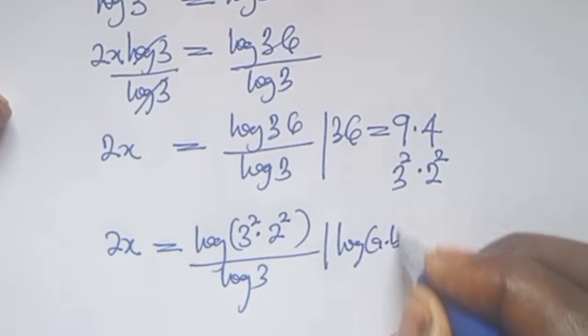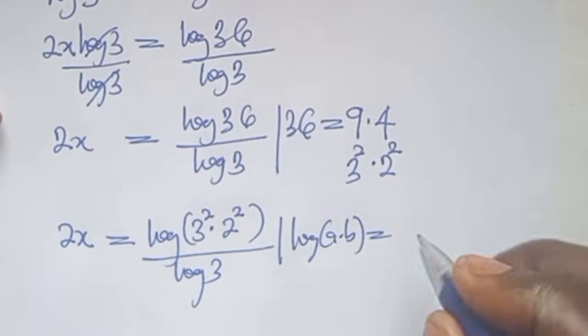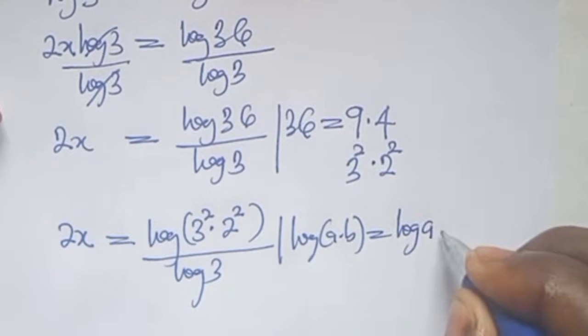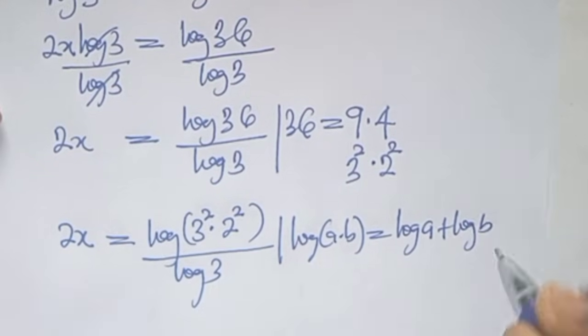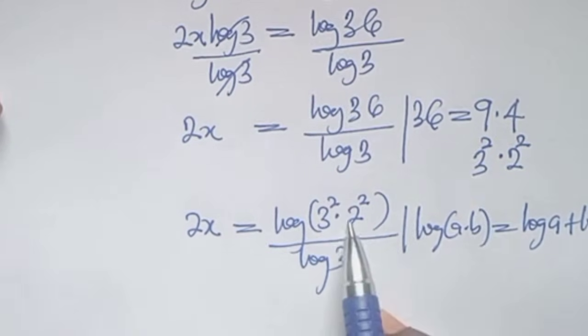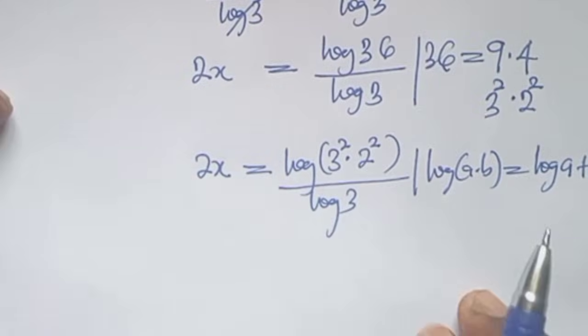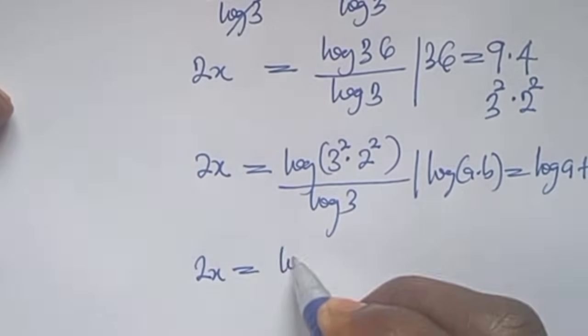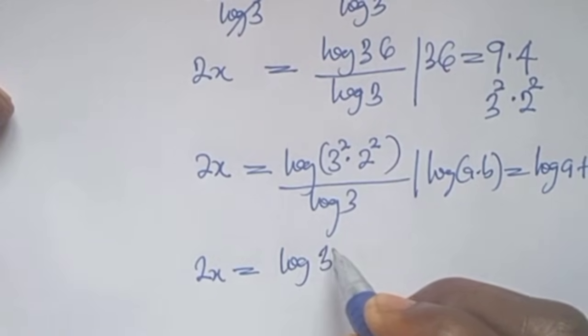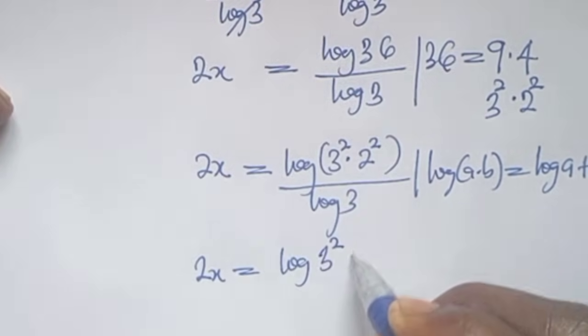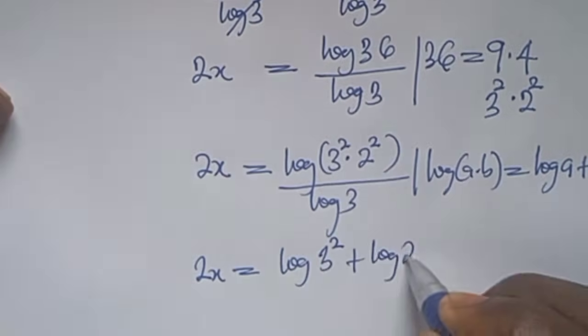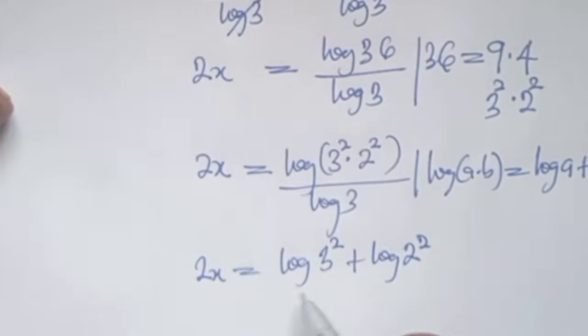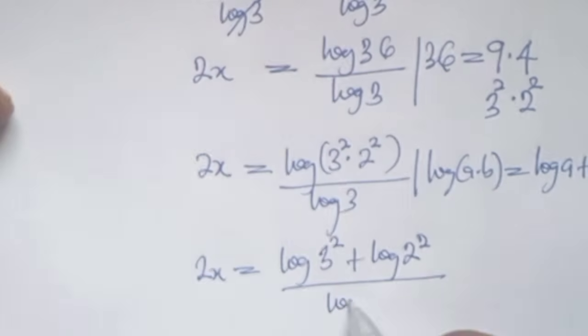But log a times b is represented as log a plus log b, and this is the form of this. And if we apply it here, 2x therefore will be equal to log 3 to the power of 2 plus log 2 to the power of 2 all over log 3.